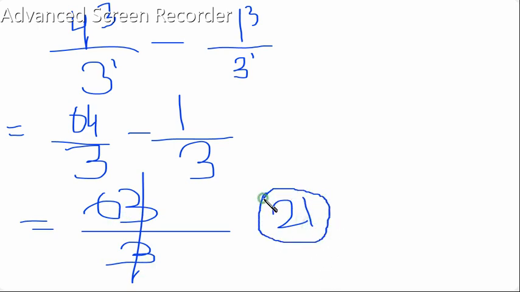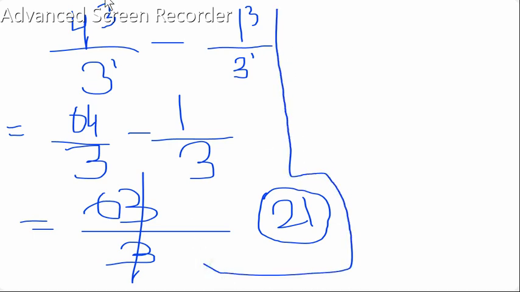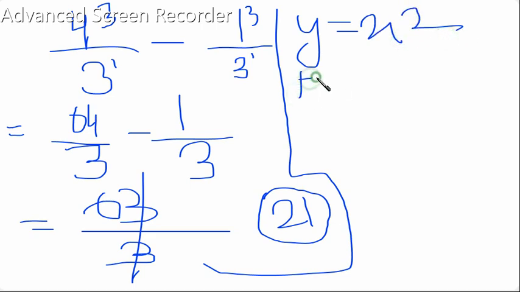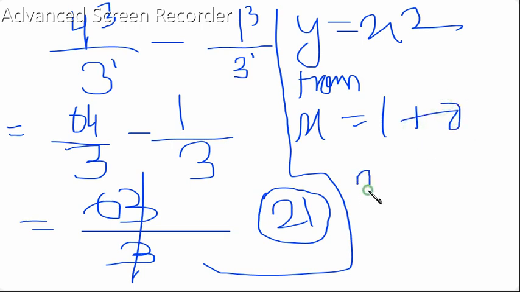Mostly in this type of definite power rule integration, our main goal is to find the area under the curve, which is y equal to x square from x equal to 1 to x equal to 4 units.